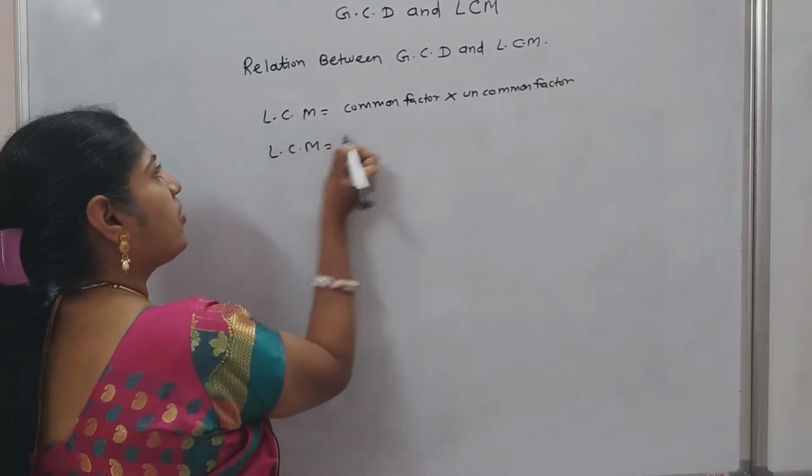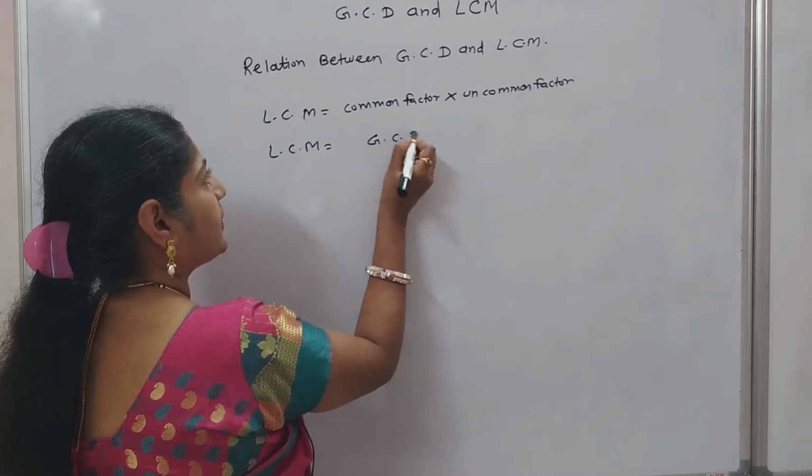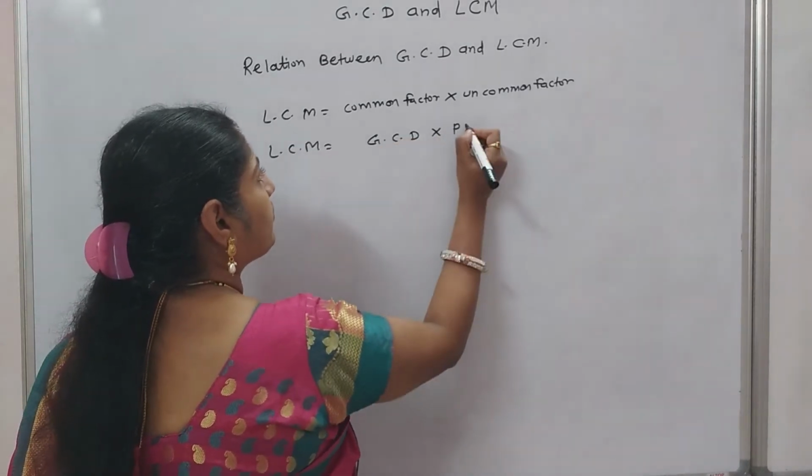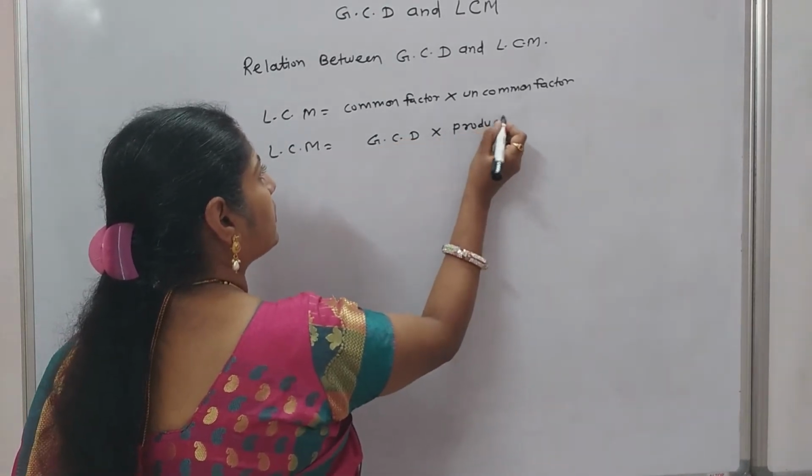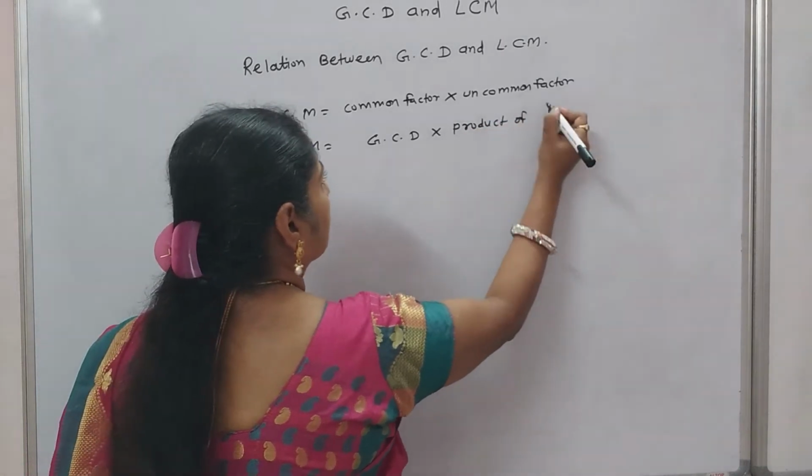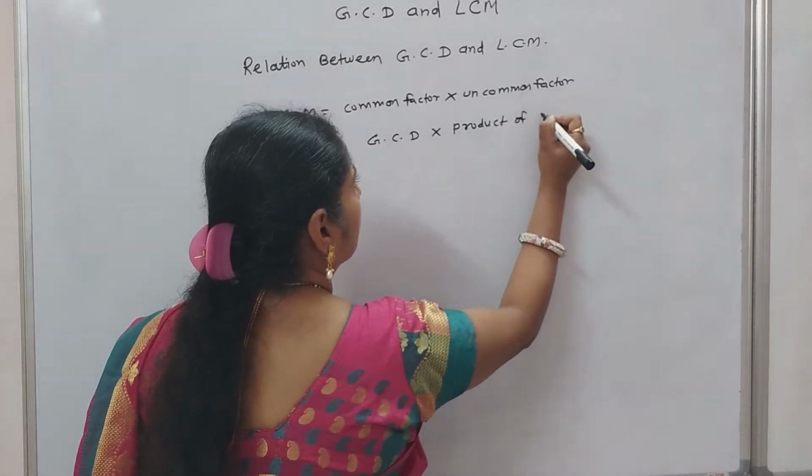LCM equals common factor into GCD, meaning the product of uncommon factors.